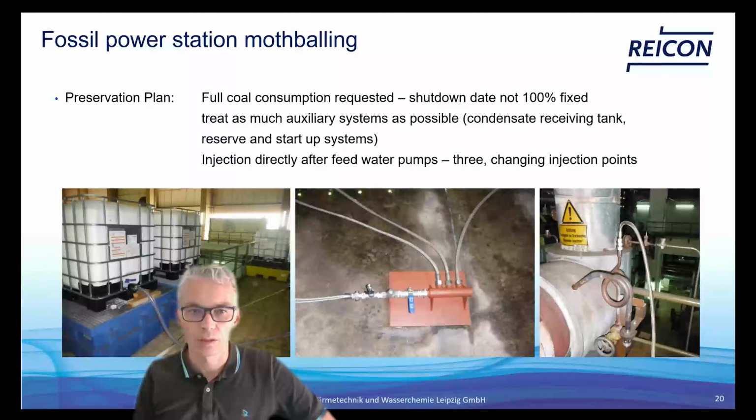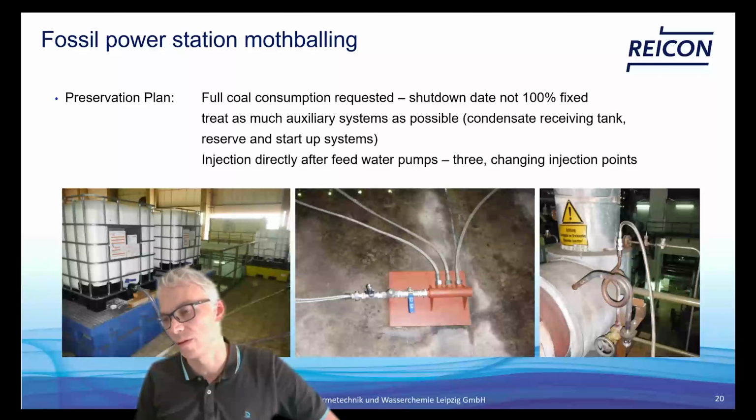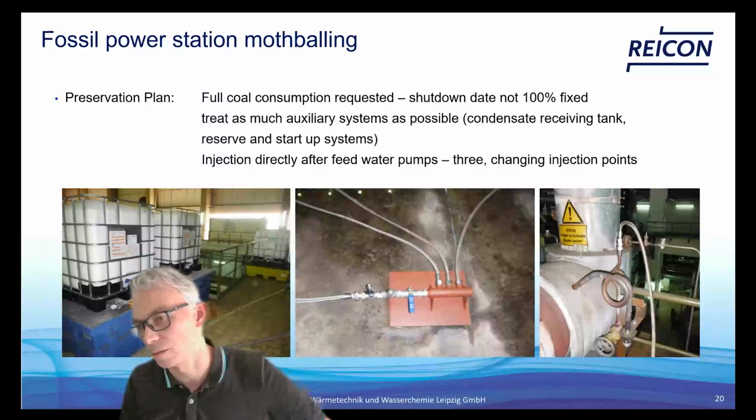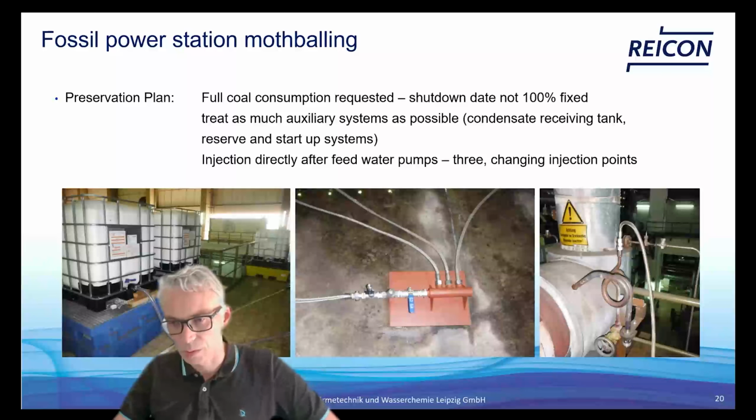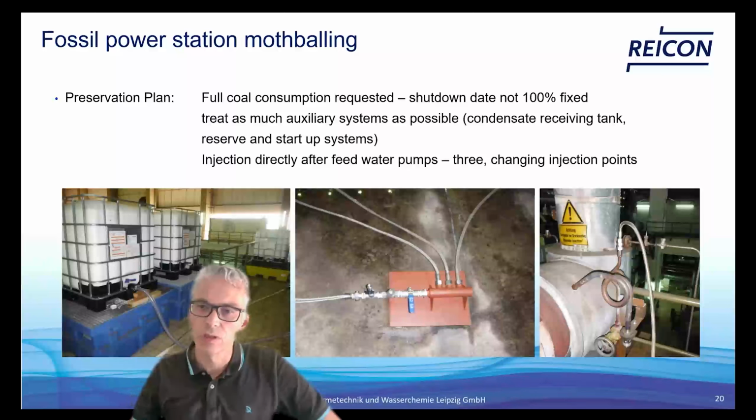And the injection point was set at the feed water pumps. We used the connection from the pressure manifolds right after the pumps.